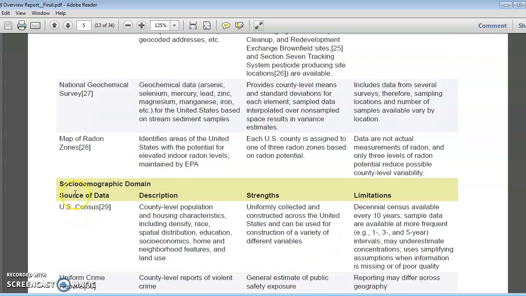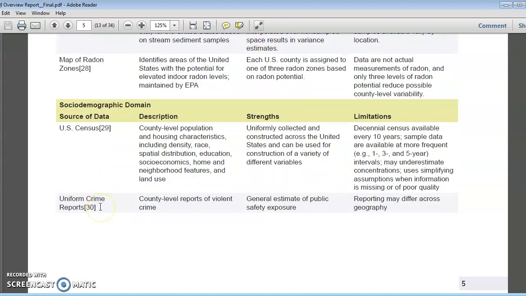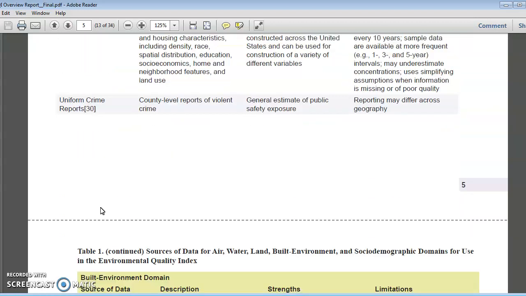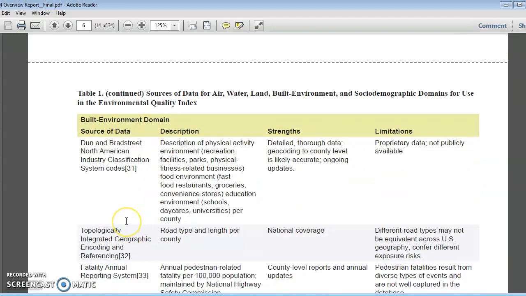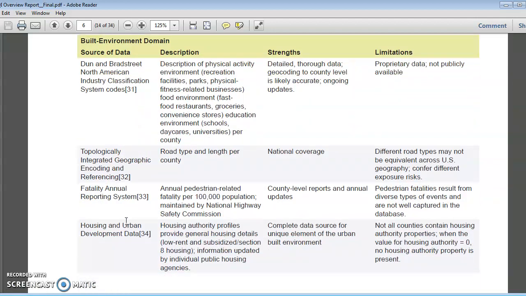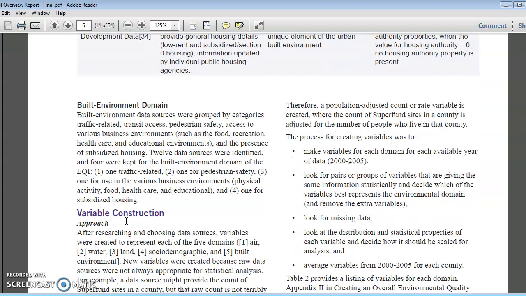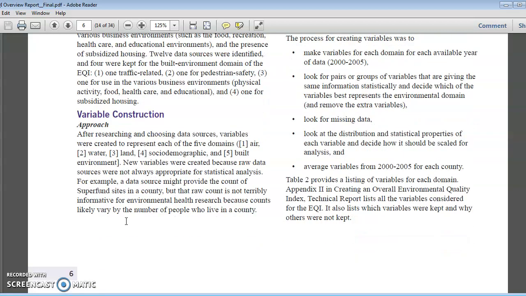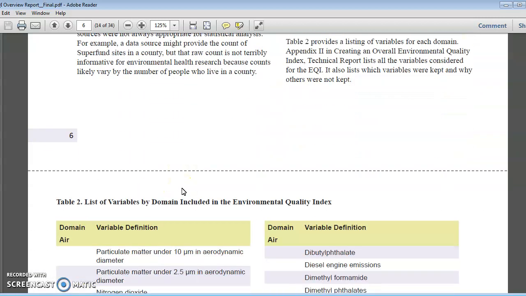Then the next domain is the socio-demographic domain. Again for this domain different data sources are identified. And the last domain is the built environment domain. For that also different data sources are identified. The variable construction we have seen earlier, again I will be explaining to you.